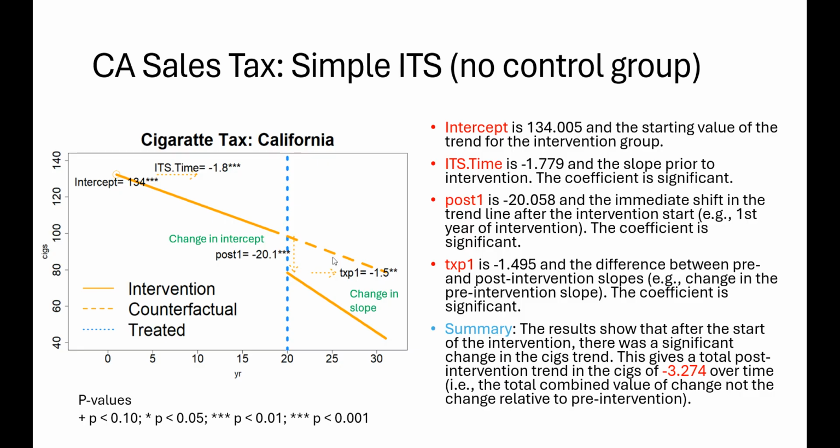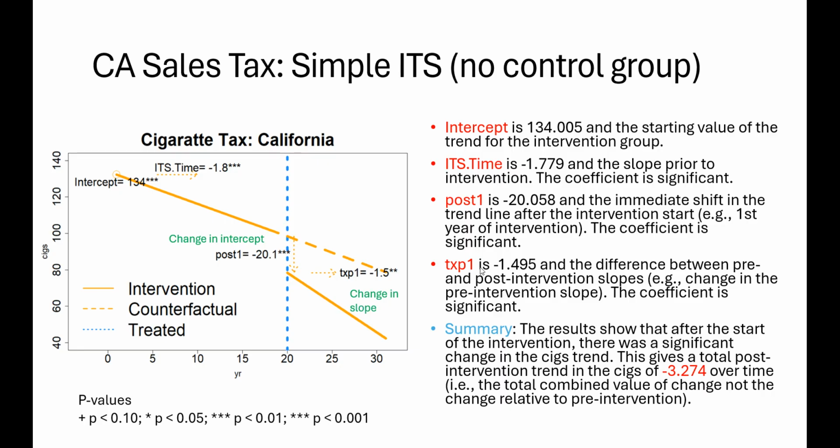So we know that there's at least an immediate impact, if we think about the type of effect or change we're seeing, a change in the intercept. It's very significant, and so what we want to do next is look at our change in the slope.